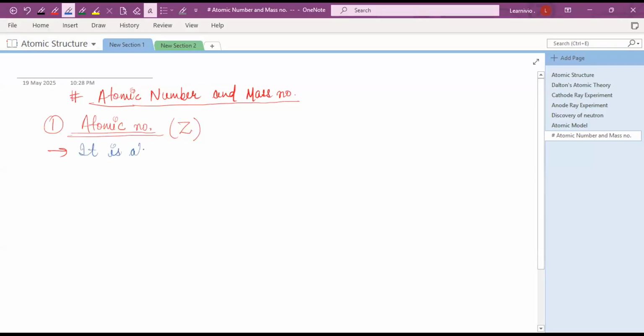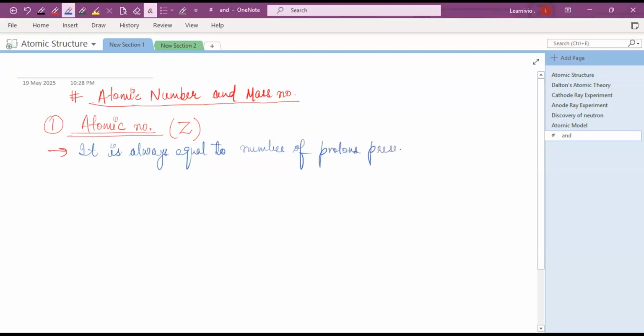It is always equal to the number of protons present in the nucleus of the atom of the element.